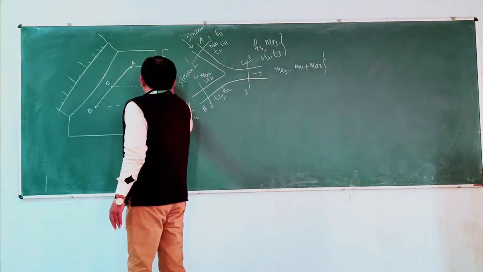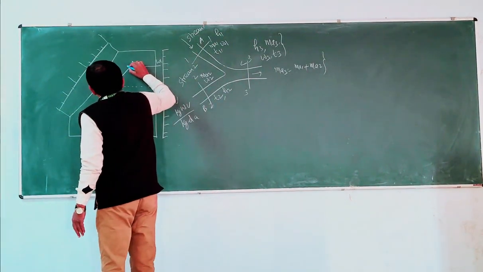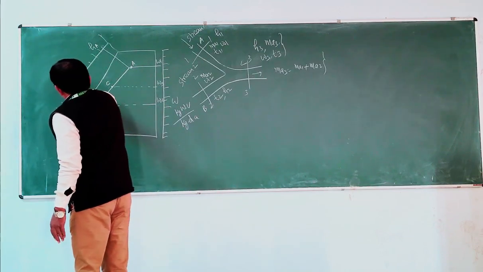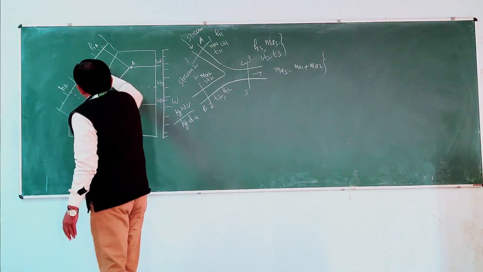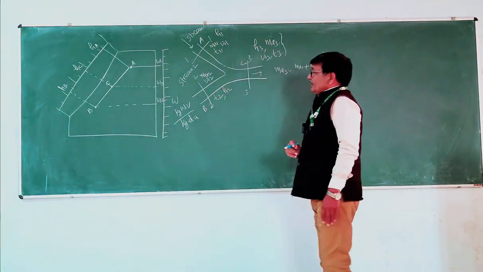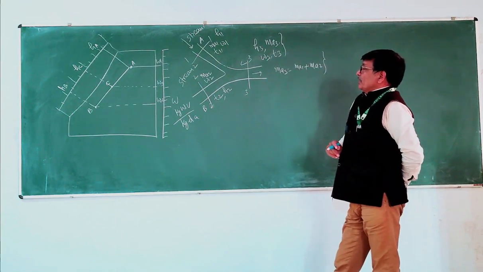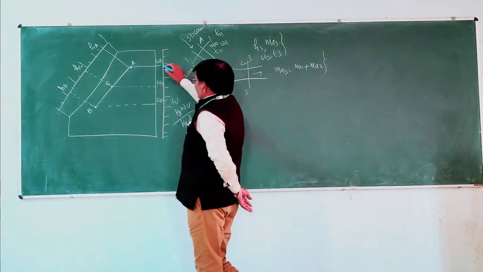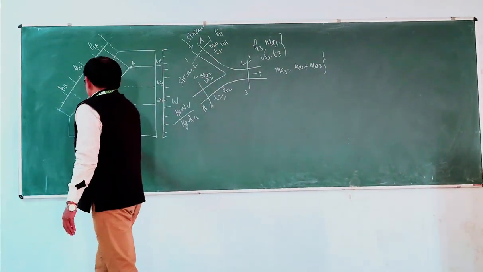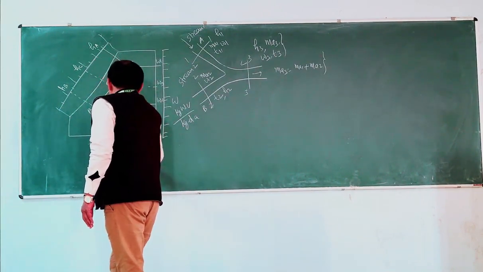That omega 3 we have to find out, and accordingly the enthalpy HA will correspond to point A, HB to point B, and HC to point C. So how can we find the intermediate enthalpy and specific humidity omega 3? Omega 1 and omega 2 are given, and the corresponding temperatures will be TB at B and T1, TA at A.